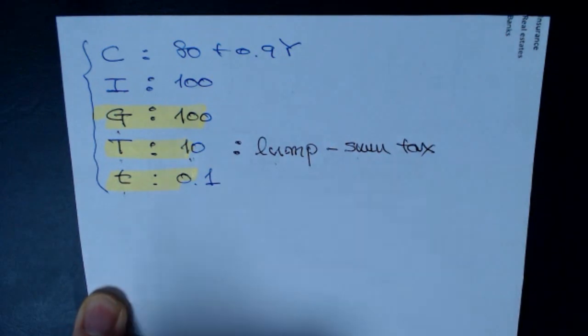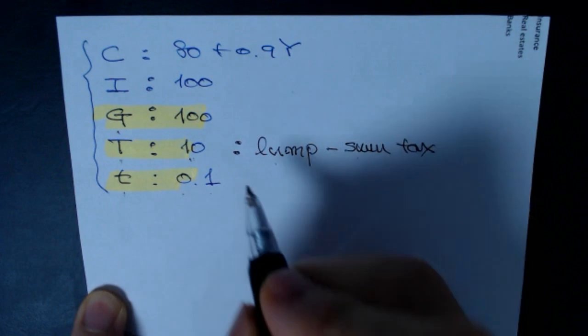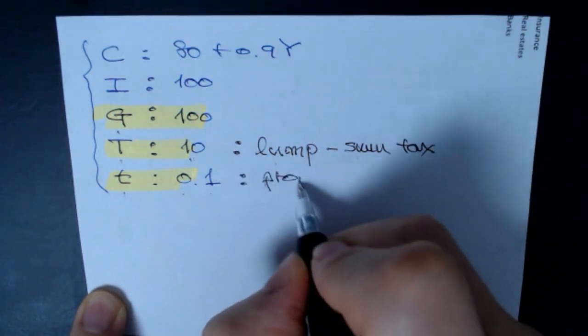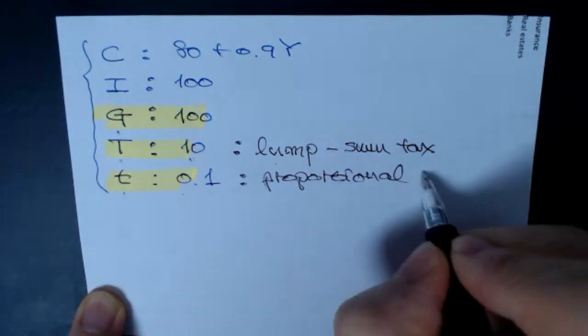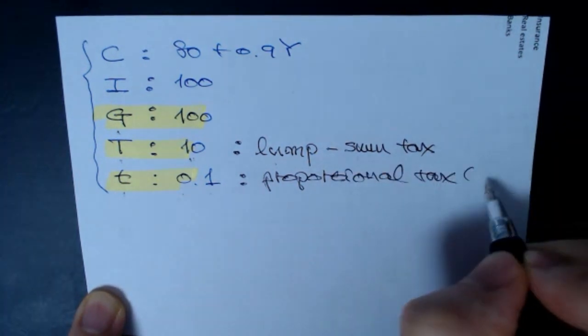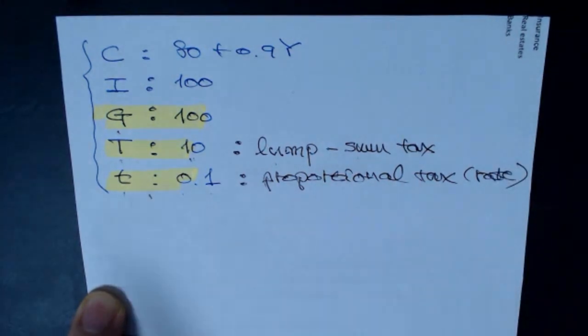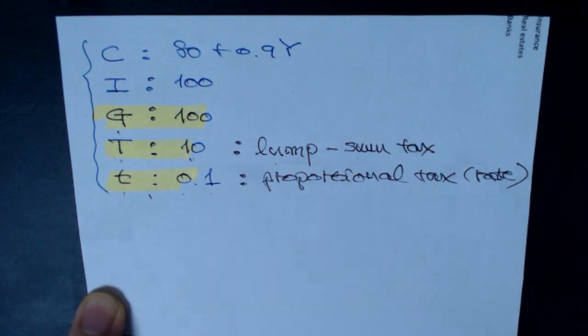And we now have a small lowercase t, 0.1. This one we call the proportional tax rate, or marginal tax rate.